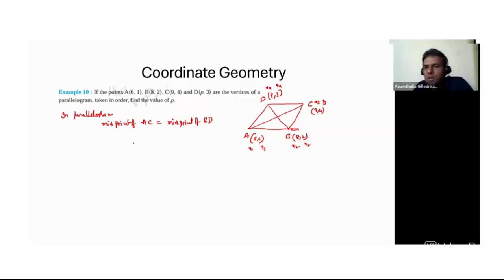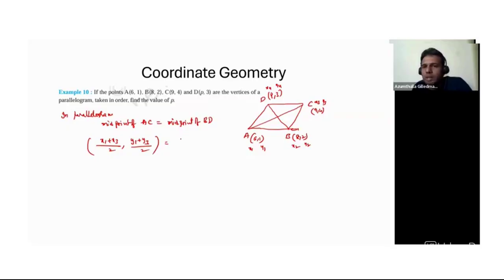Midpoint formula is sum of x coordinates by 2 and sum of y coordinates by 2. So let's write this: (x1 plus x3) by 2, comma, (y1 plus y3) by 2 should be equal to the midpoint of BD.